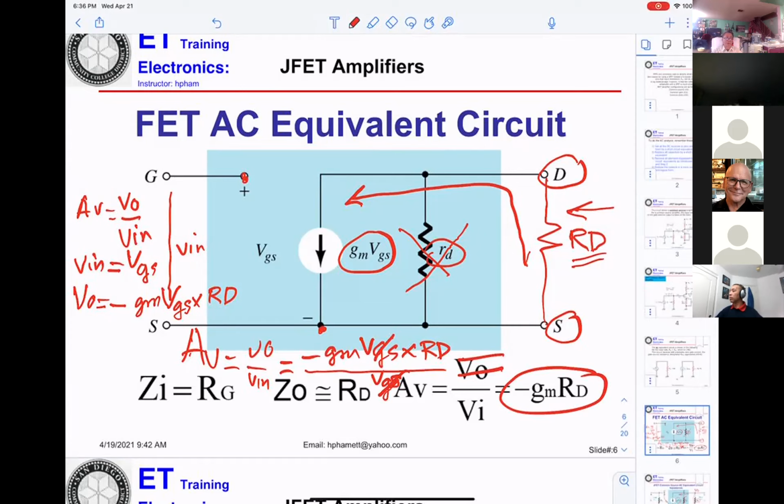That's just a proof for you, showing how they equal minus gm times RD. Any questions?